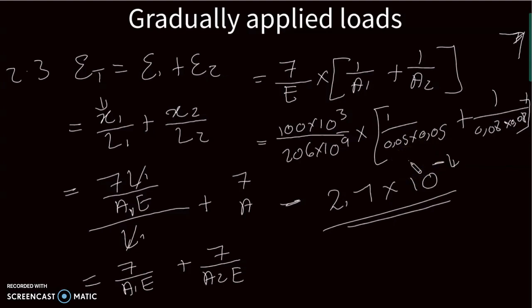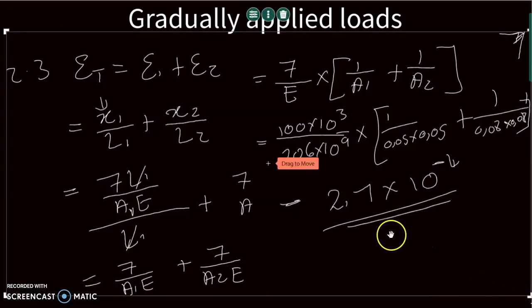2.4, they say, calculate the maximum stress in the member. We know the maximum stress will occur in the section with the smaller cross-sectional area, which will be the 50 by 50 section, which is 50 millimeters by 50 millimeters.